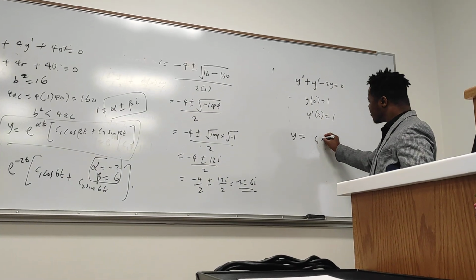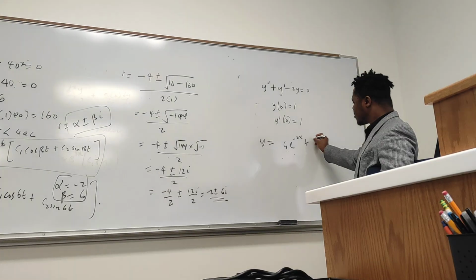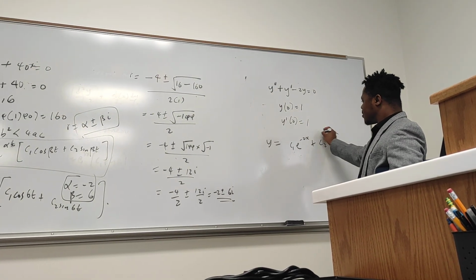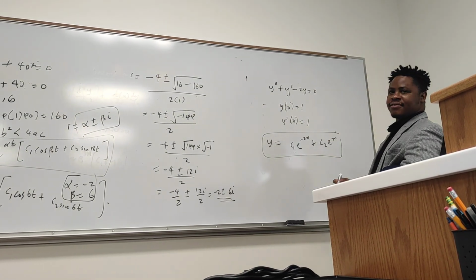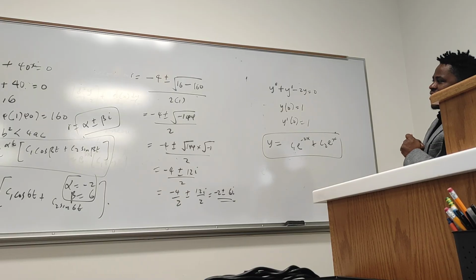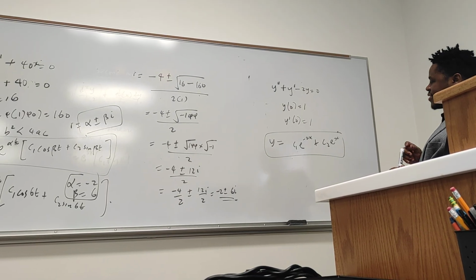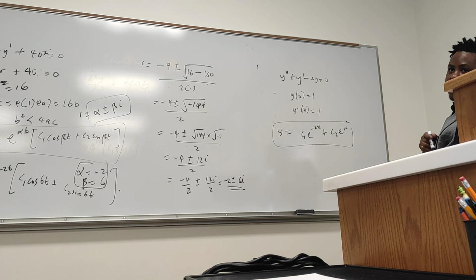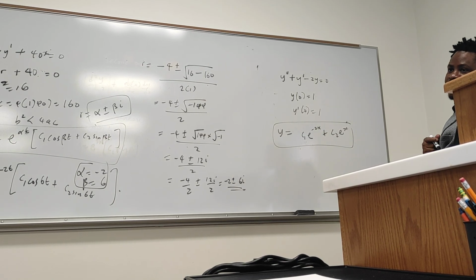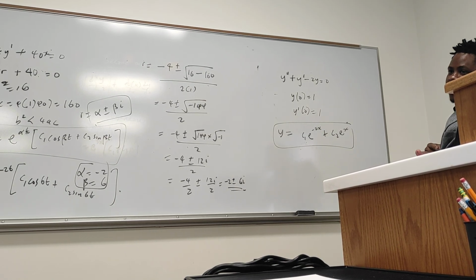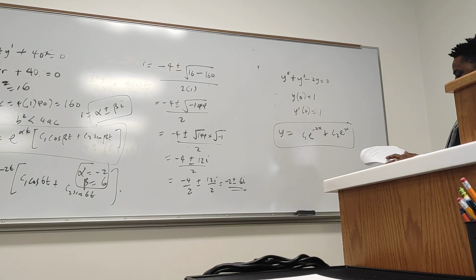Exponential negative 2x plus c2. Did everyone get this? Okay, particular solution. You need to find C1 and C2. Right? If you have an answer, let me know. Do you have an answer?